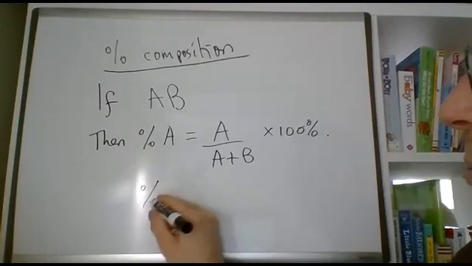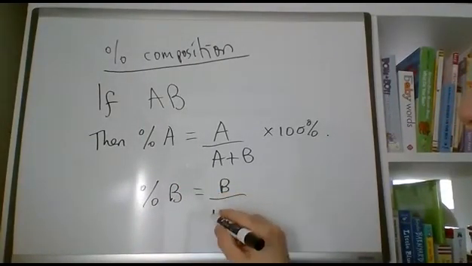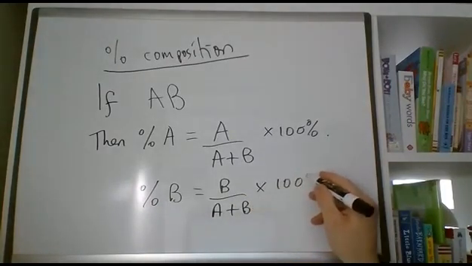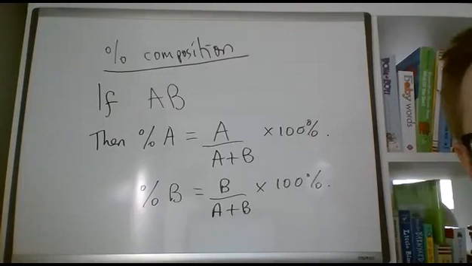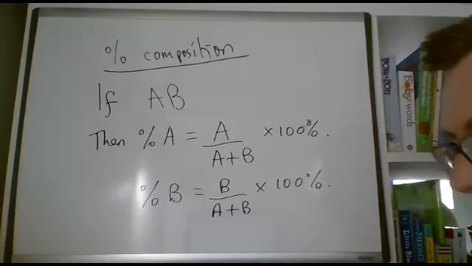The percent of B is going to be B over A plus B as a percentage. That's the basic equation of percent composition. So having said that, we'll look at a couple of examples now.